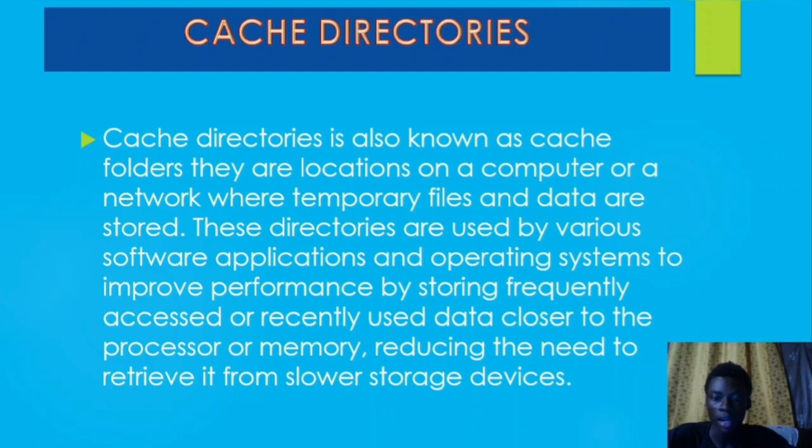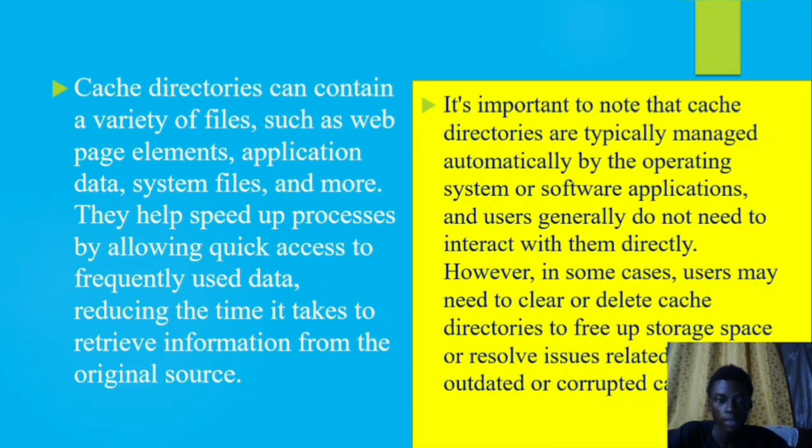These directories are used by various software applications and operating systems to improve performance by storing frequently accessed or recently used data closer to the processor or memory, reducing the need to retrieve it from slower storage devices.